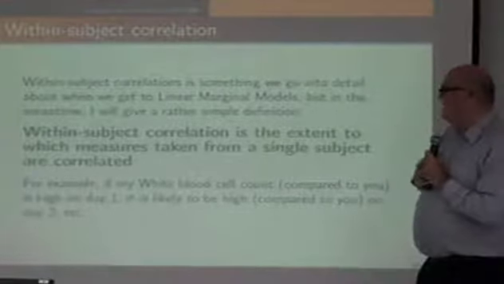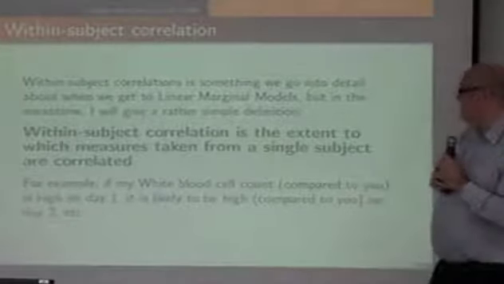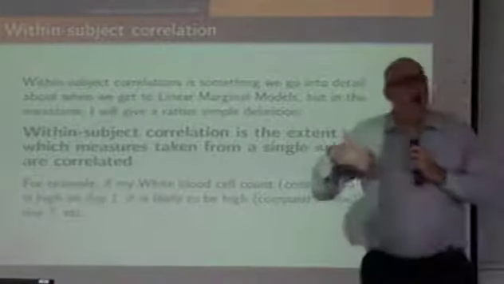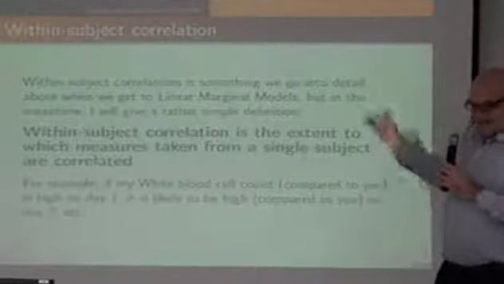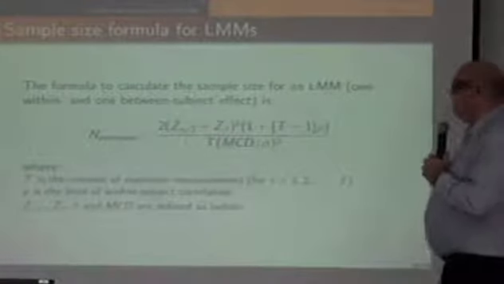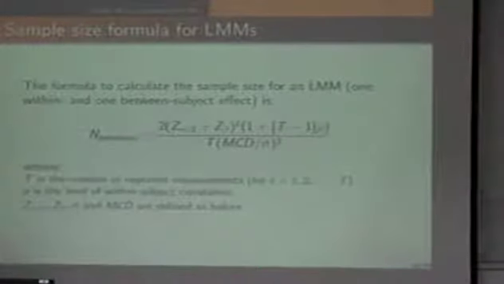Within subject correlation is the extent to which measures taken from a single subject are correlated over time, over space, it doesn't really matter. And I gave you the example of white blood cell count before. So here is the formula for sample size calculation for a linear mixed model.